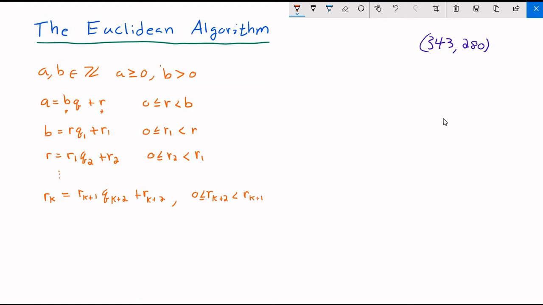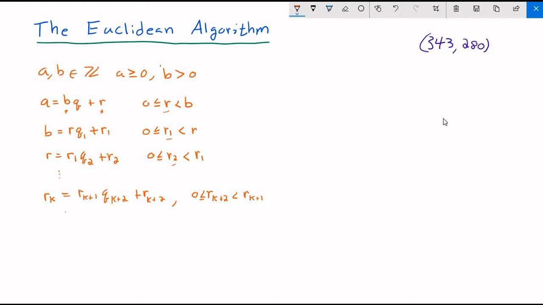Okay, so big whoop. It seems like I'm just going in circles, reusing this lemma. But the point is, notice that each time my remainder terms, my r sub 1, r sub 2, keep shrinking. They keep getting smaller.